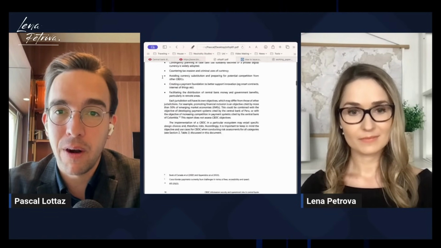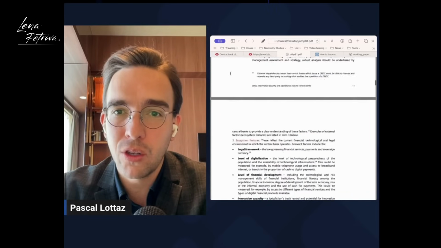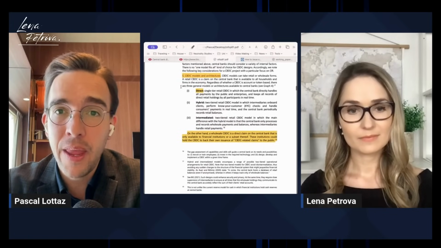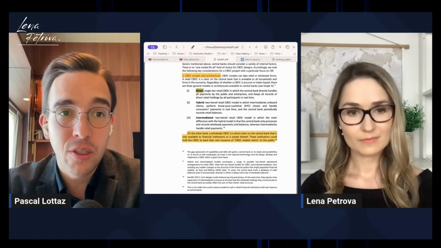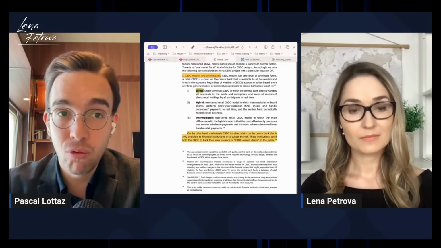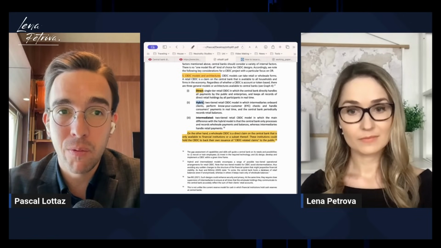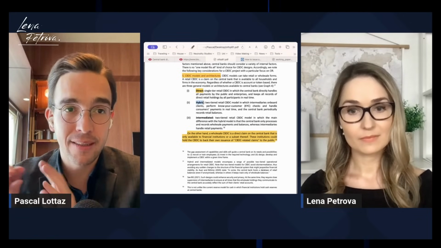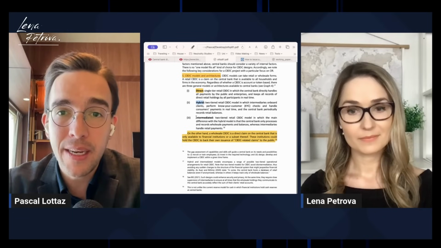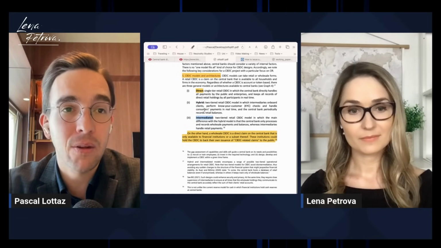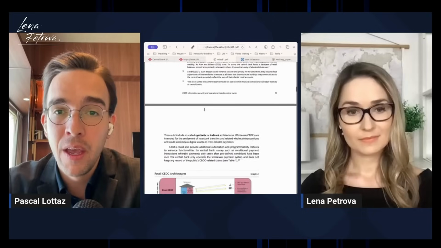So the BIS paper contemplates how this works, and it also then goes into the different ways it could be done. Either a direct distribution system coming from the central bank to you and your wallet and my wallet, a hybrid system in which we can get a little bit of their assets, but not everything, and an intermediate one in which basically only retail banks have access to CBDC. So that would then be the wholesale model.